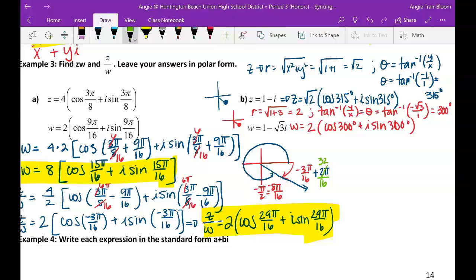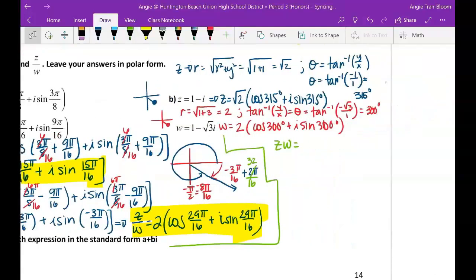So now I will attempt to find the multiplication of z times w. To do that, I will multiply the radii. Radii is really the correct term. So root 2 times 2 is 2 root 2. In multiplication, I will add my angles.